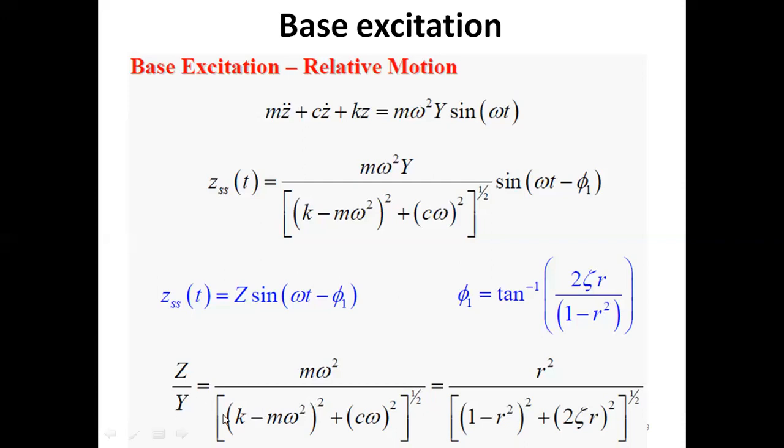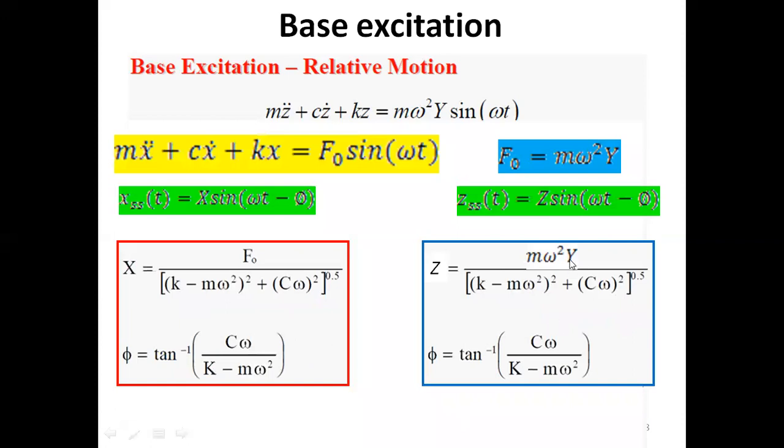So rewriting this equation, in order to convert it into a dimensionless equation, we could bring this y on this side of the equation. So here we would have Z by Y, and we could take k common, so it would become k square, and this is under root, so afterward it would be k. We could also take k common here, it would become k square, with c by k.